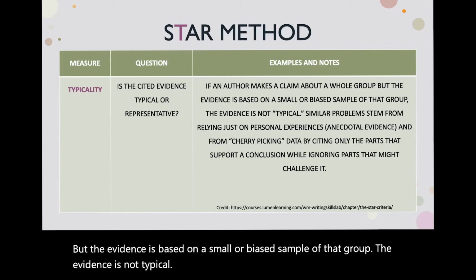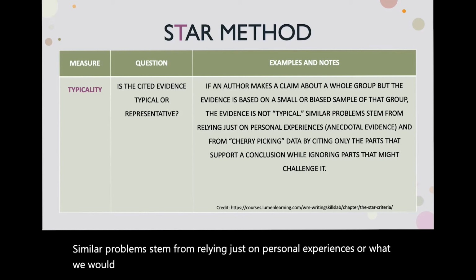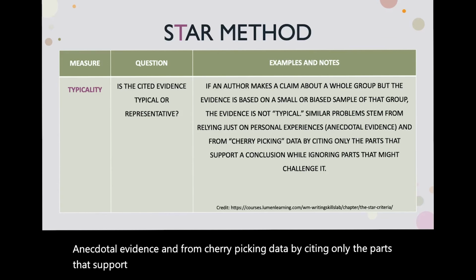Similar problems stem from relying just on personal experiences, or what we would call anecdotal evidence, and from cherry picking data by citing only the parts that support a conclusion while ignoring parts that might challenge it. We all struggle with this.